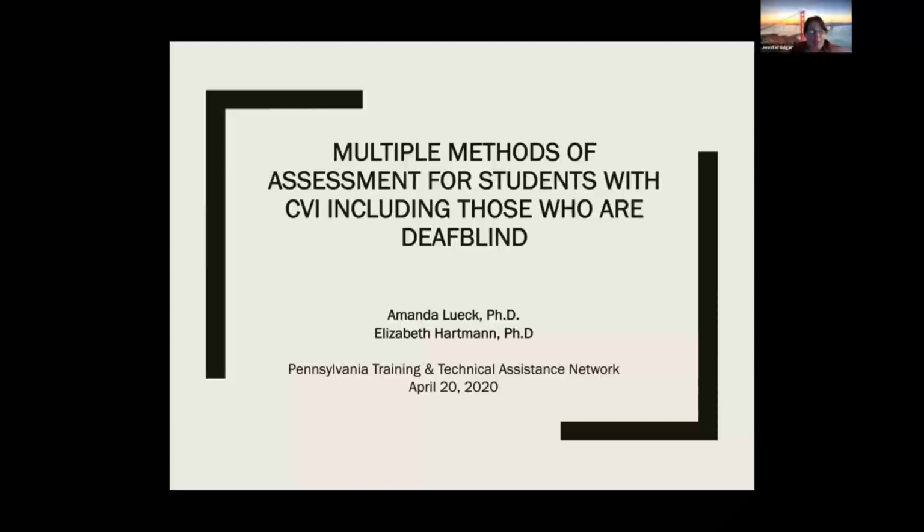Professor Lewick has been in the field of visual impairment for over 40 years, providing direct service, training educational professionals, and conducting research and development activities related to individuals with visual impairments in the US and abroad.